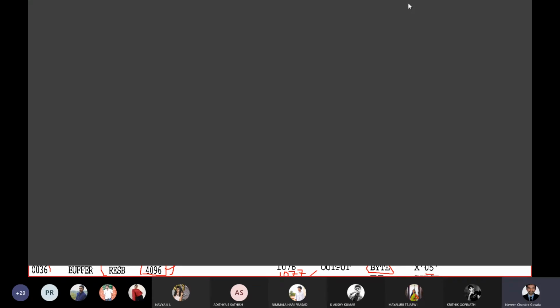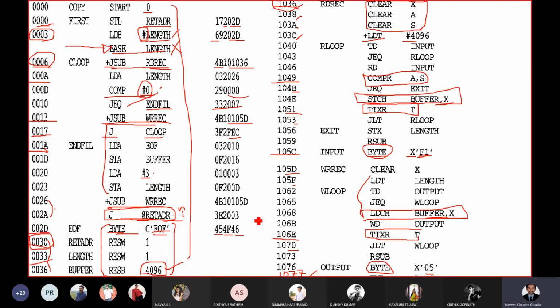So moving on again, here we have the format 2 instructions. If you remember, what is the format for a format 2 instruction? We have the opcode followed by register 1 and register 2. In the opcode we consider the total 8 bits. So CLEAR: the opcode of CLEAR is B4, and the register number of X is 1, and there is no second register, so it will become 0.